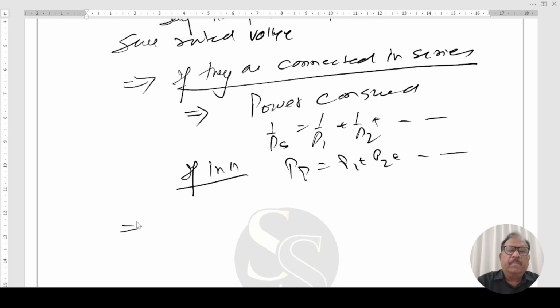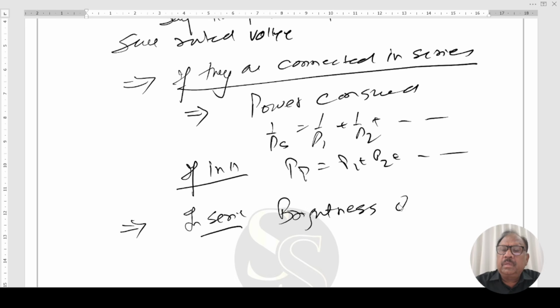In series, brightness is proportional to power consumed.